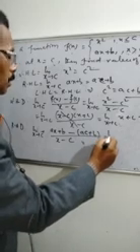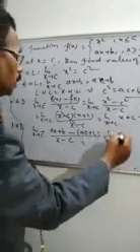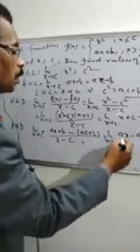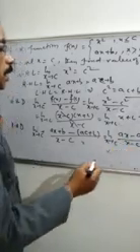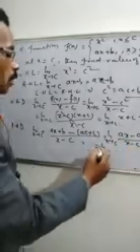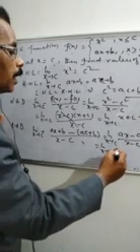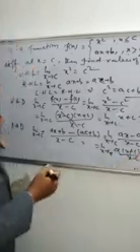Then b and b cancel, leaving ax minus ac by x minus c. If we take a common, x minus c cancels out, and the result is a.